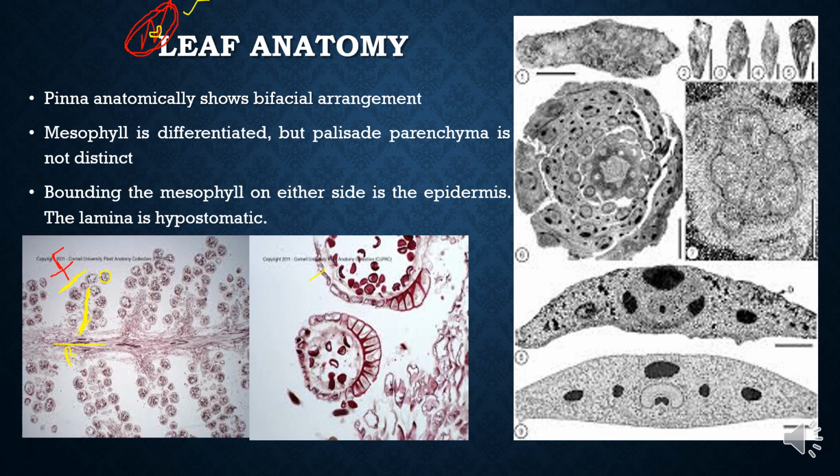This is the diagram of a sporangium, and we see that inner to it are the spores. And this region is the annular region.